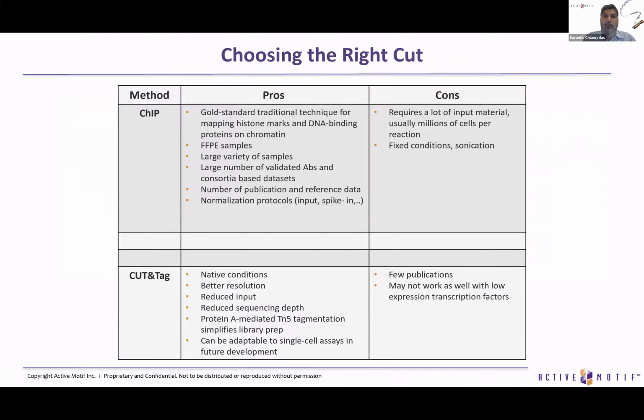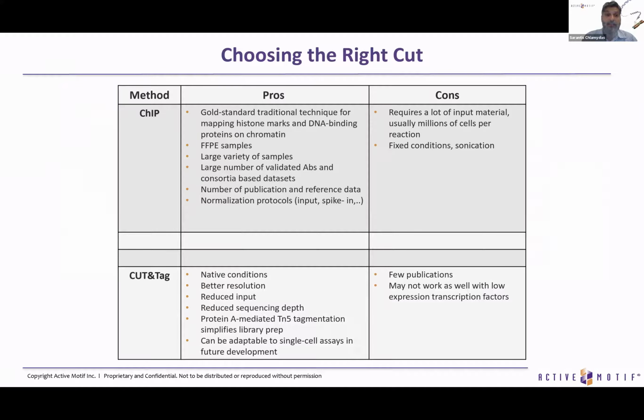Here I try to summarize the pros and cons of these technologies, and I'm really happy to have your feedback on that as well. ChIP is the gold standard traditional technique. We have a variety of samples tested and validated, including biopsies and FFPE samples. There are a lot of validated antibodies that many consortia have used.